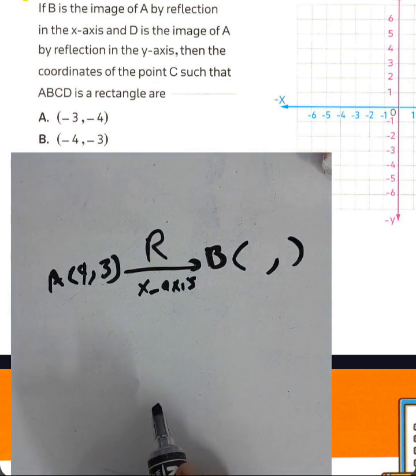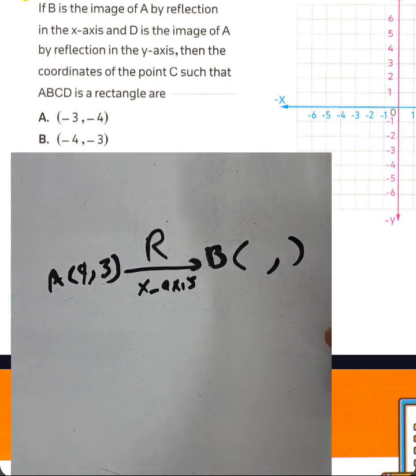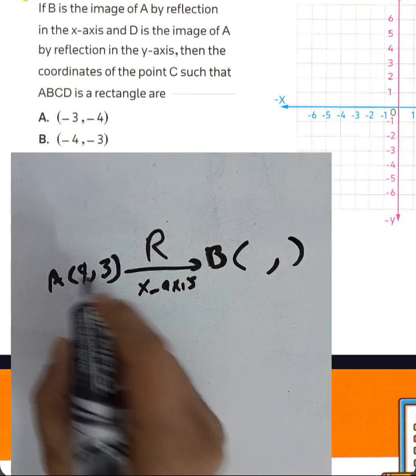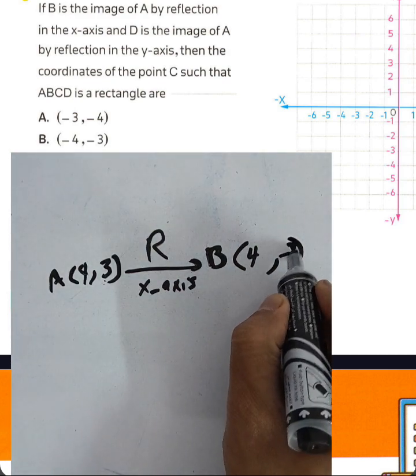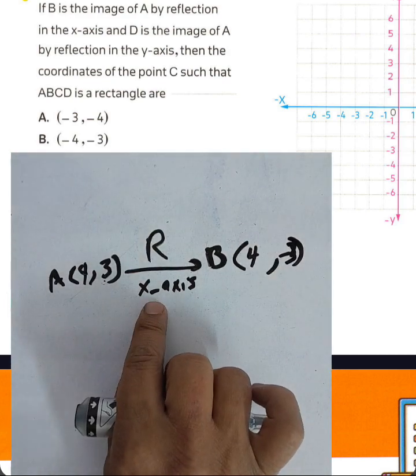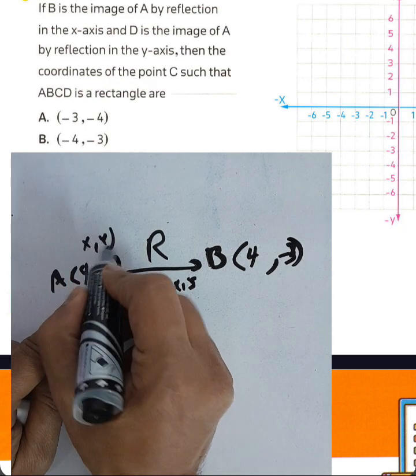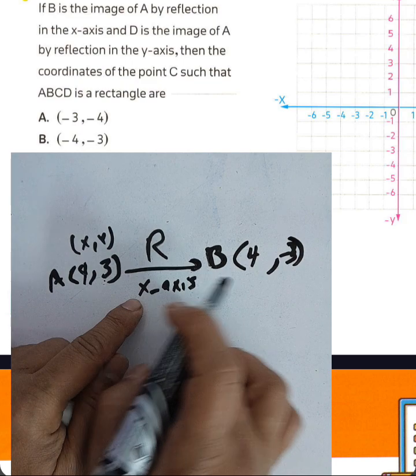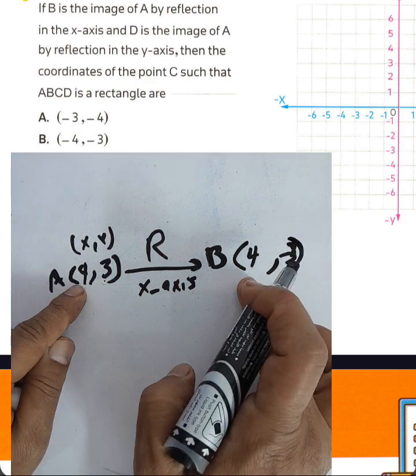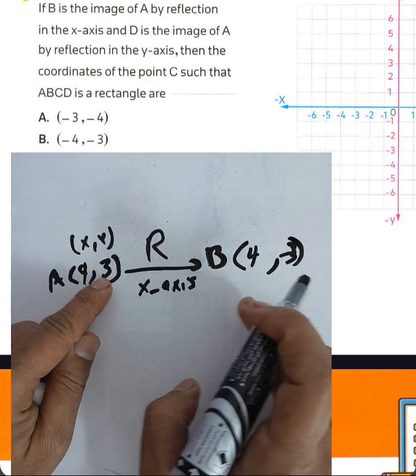Okay, reflection in the x-axis, we must put x and change the sign of y. For any point with order x and y, if he tells us the reflection about the x-axis, we must put x here, 4, and change the sign of y. 3 will be negative 3.